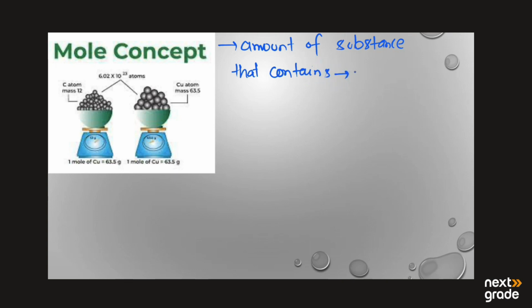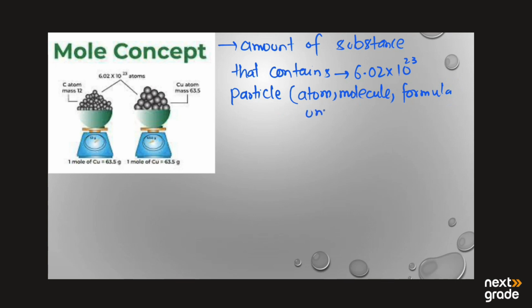Avogadro's number means it contains 6.02 × 10^23 particles, and these particles may be atoms, molecules, or formula units. So when we define the term mole, we say that the substance contains 6.02 × 10^23 particles, where 6.02 × 10^23 is Avogadro's number. This is the definition of the mole.